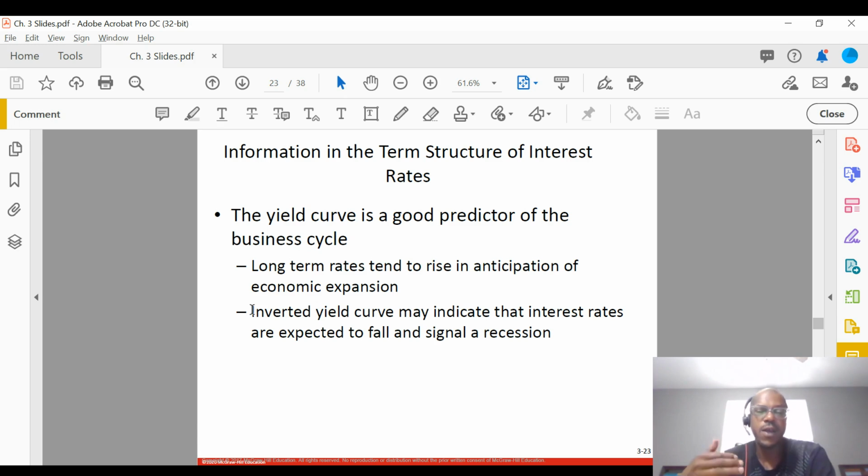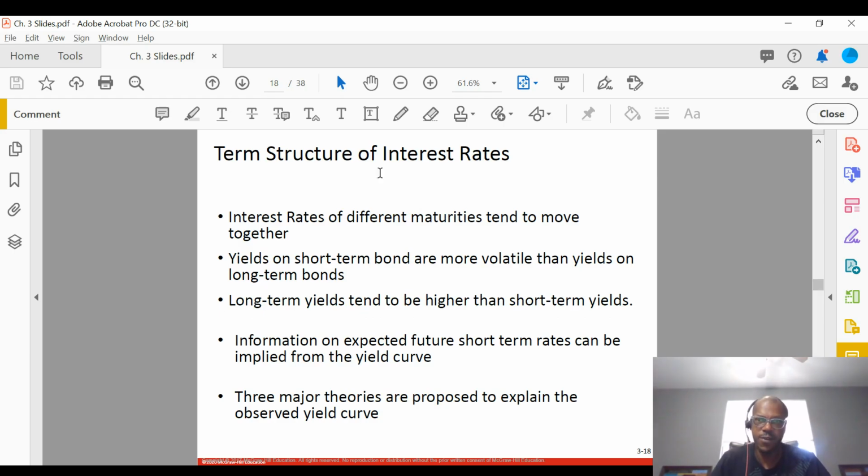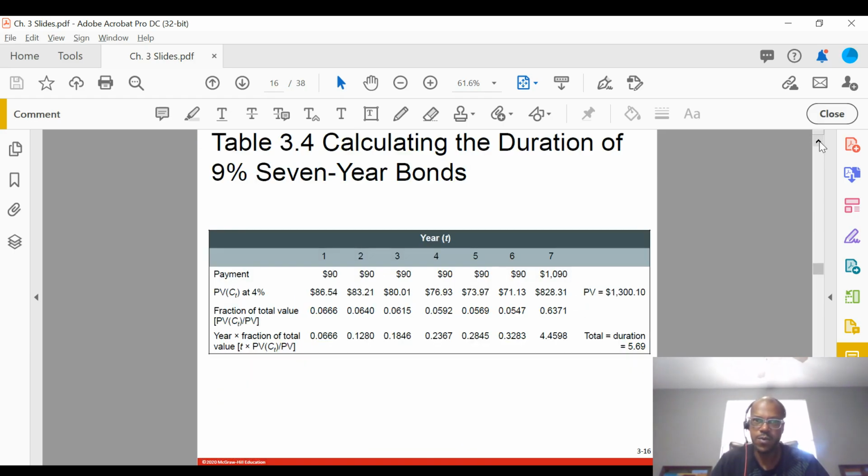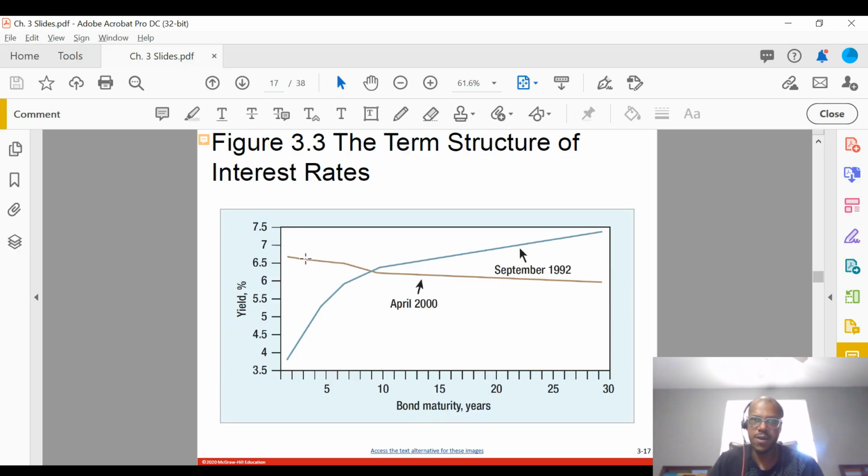An inverted yield curve we'll come back to, but the reason why inverted yield curves are important is this: an inverted yield curve means the short-term rates are higher than longer-term rates. That's the first graph I showed you, this thing right here, April 20. That's an inverted yield curve.